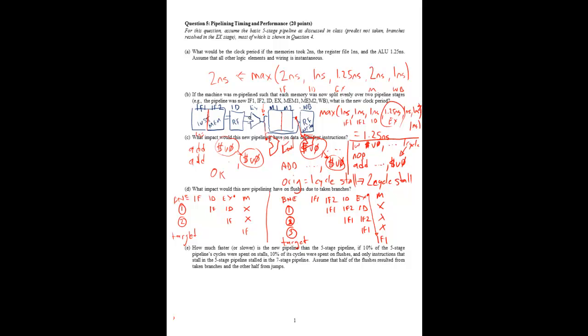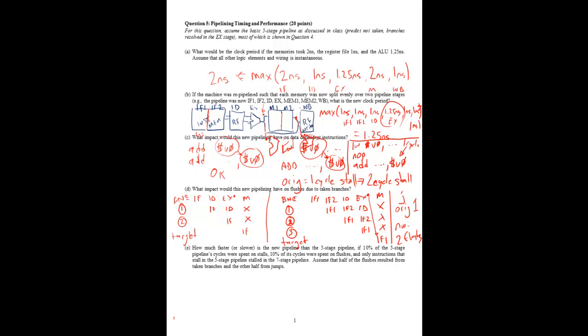So even if we resolve unconditional branches like jumps in the ID stage, we still need to fetch them in order to know that they're a taken branch, and so that's going to mean 1 additional cycle. So in the 5-stage pipeline, a jump had 1 flush, now it's going to have 2 flushes.